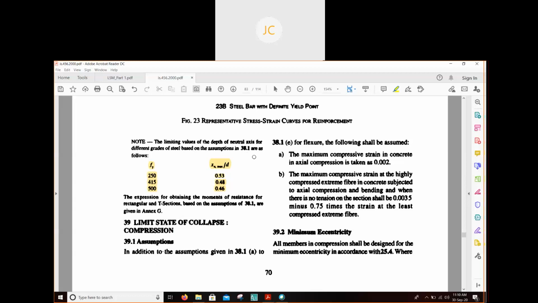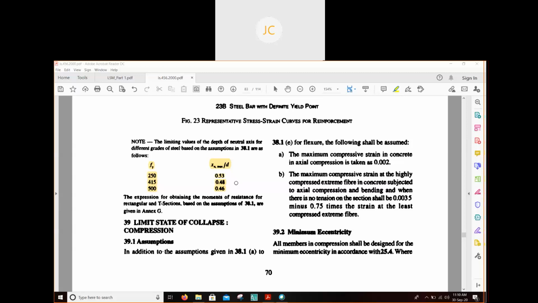All of you got this table? Page number 70, clause number 38. Can you see the table? Okay.